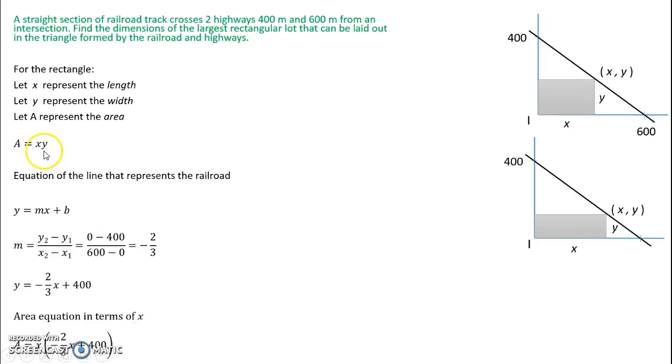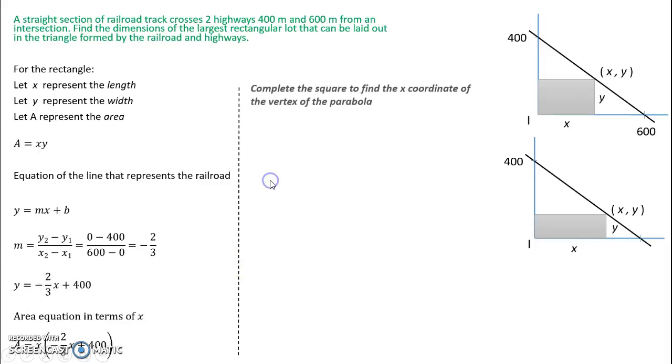We're replacing the y with this expression, and what we get is a quadratic equation.